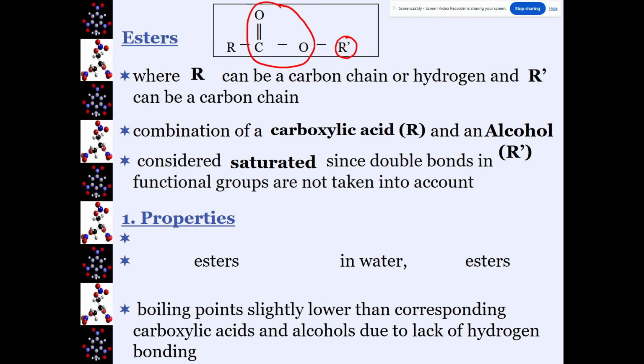This is R prime, which just means another carbon chain different from the carbon chain on the other side. We commonly separate this into 2 halves: this is my acid side, the remnants of my acid that lost its hydrogen, and this is the alcohol side, the remnants of the alcohol that joined with the acid.